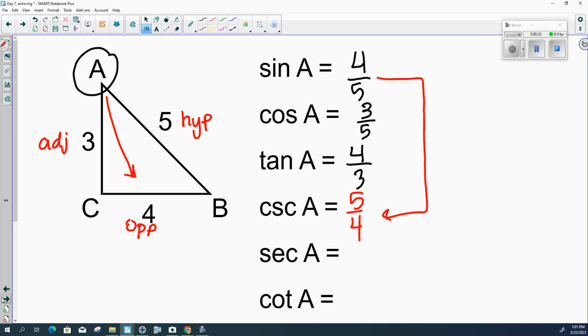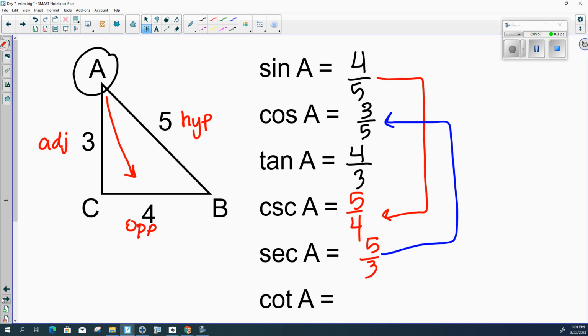And Claire, what is secant of A? Yes. So you may have noticed that one's the reciprocal of that one. And Edwin, what's the cotangent of A? Okay, so cotangent is adjacent over opposite. So we've labeled them.